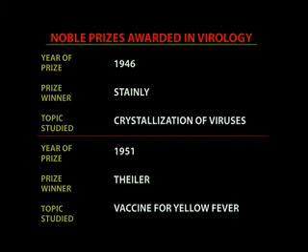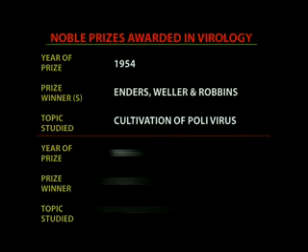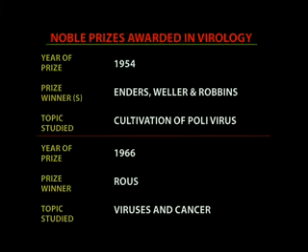And in 1951, another great scientist, Theiler, got it for vaccines for yellow fever. And in 1954, three people shared this prize, namely Enders, Weller, and Robbins, for their great work on cultivation of poliovirus. In 1966, Rous got this prize for viruses and cancer.